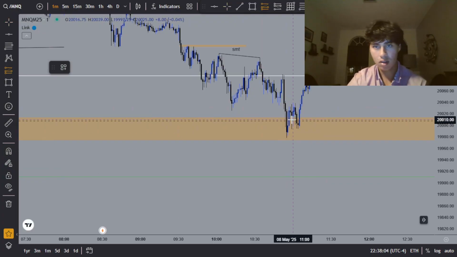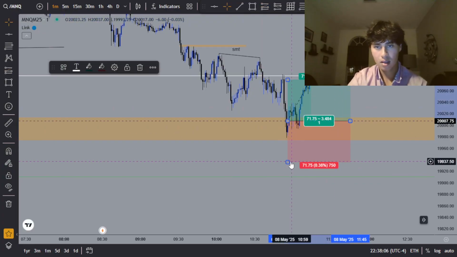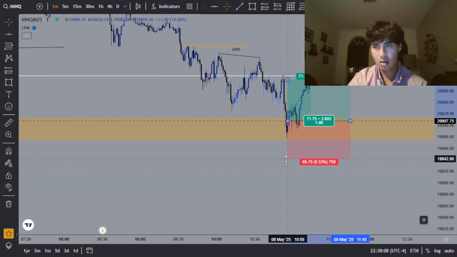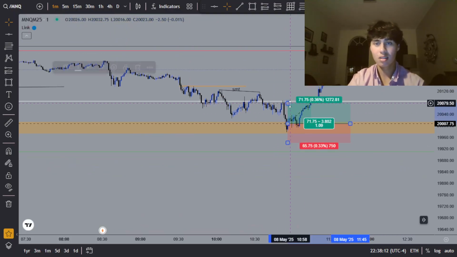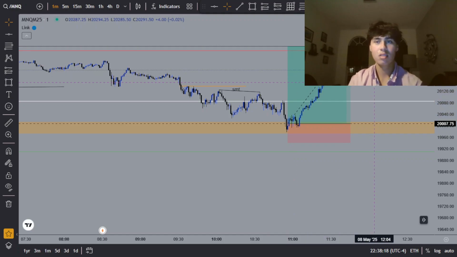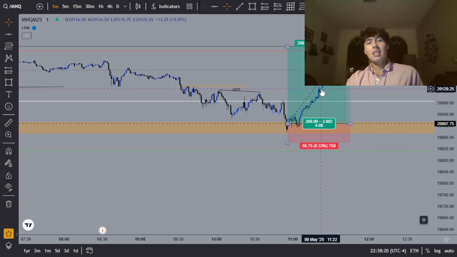You can take this blue flash magnet off. What was it? 19,942. I mean, it's a big stop. It's a very big stop loss in my opinion, but you could just de-risk at like 2 or 3 micros. This should have been today's trade, which it wasn't because I waited on confirmation for the A plus setup.